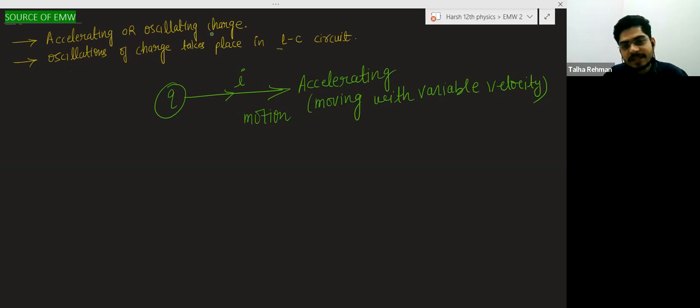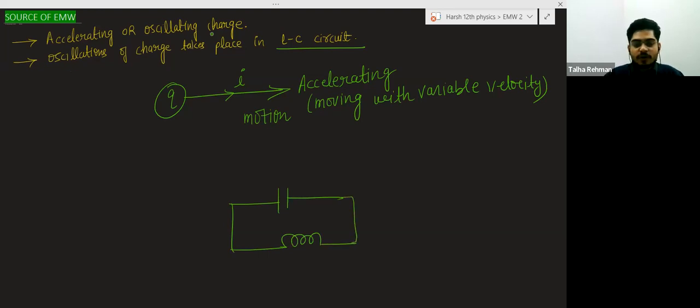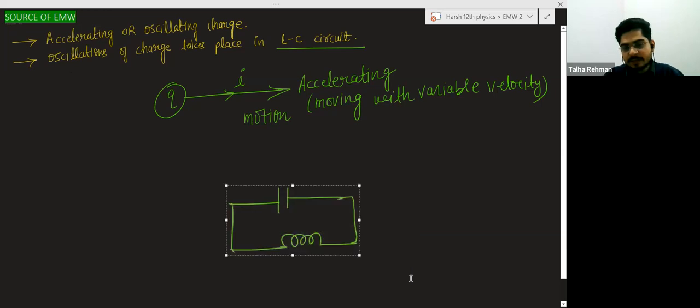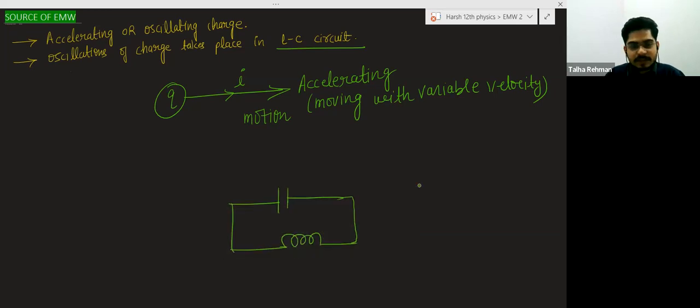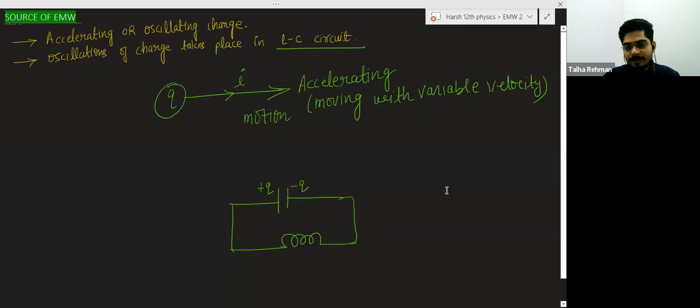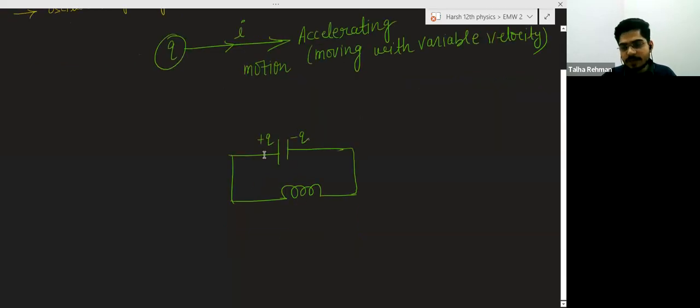So accelerating or oscillating charge is the source of the electromagnetic wave, and we get the oscillating charge from the LC circuit. An LC circuit means you connect a capacitor and an inductor in series. Suppose the capacitor is charged, then there will be discharging of the capacitor.